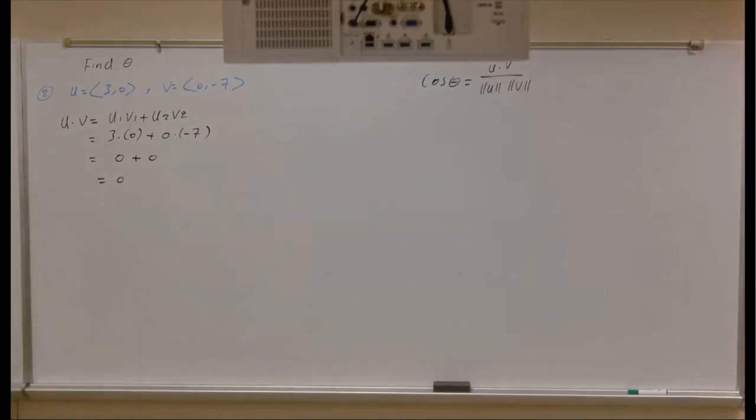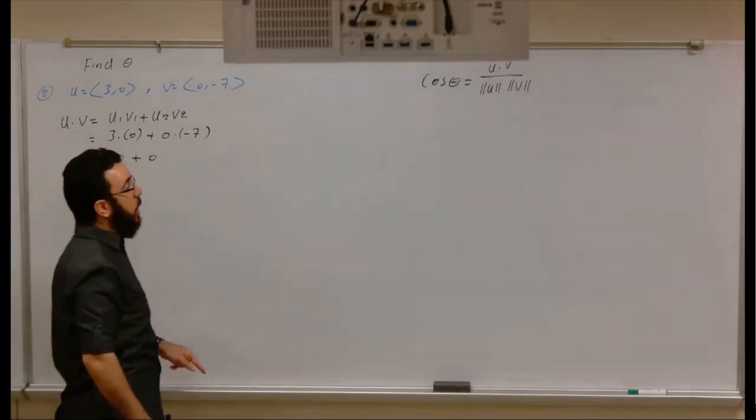What does that mean? Do I need to find the length of u and the length of v? Yes or no? Why?